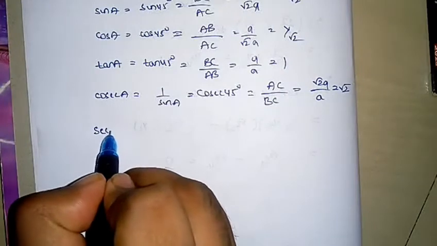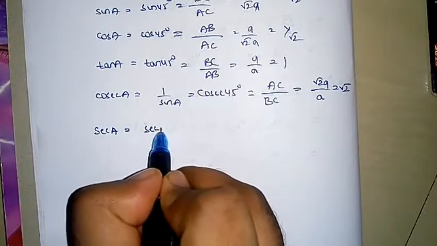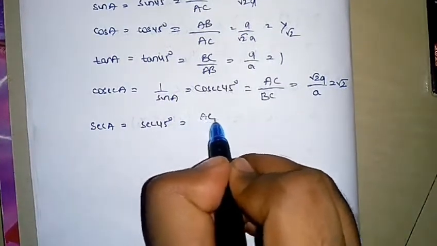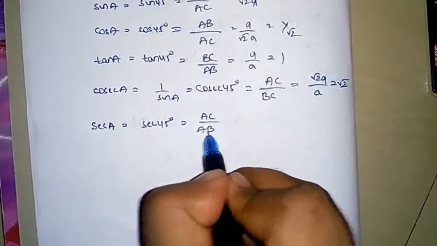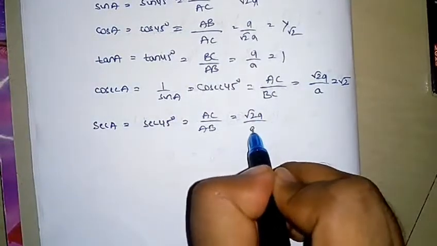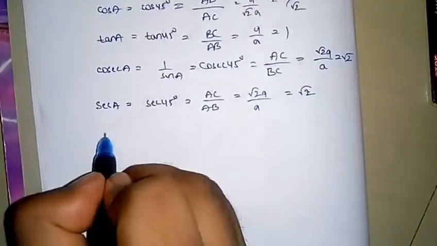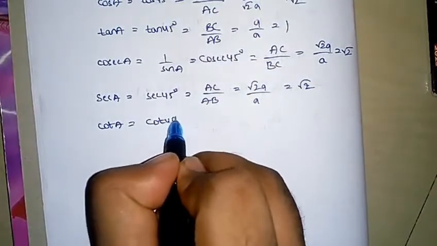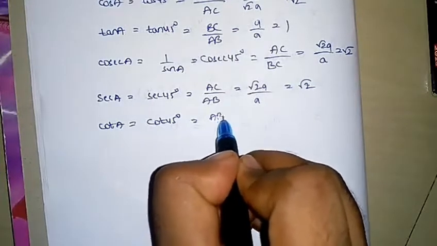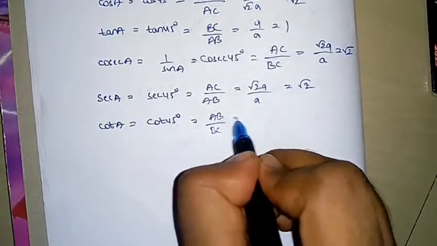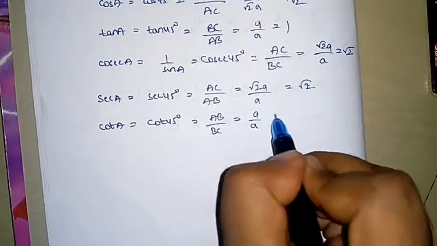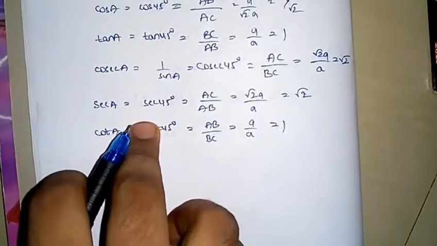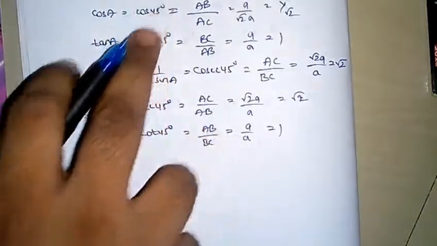Now secant 45 degrees is equal to hypotenuse AC by adjacent side AB, which is equal to root 2A by A, which is equal to root 2. Cot 45 degrees is equal to adjacent side AB by opposite side BC, which is equal to A by A, which is equal to 1. We have found the trigonometric ratios of 45 degrees.